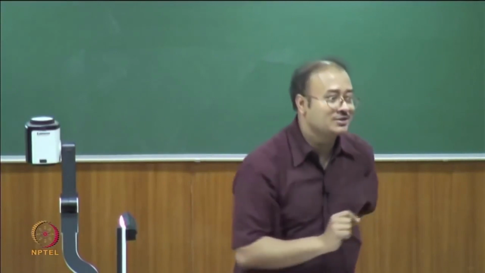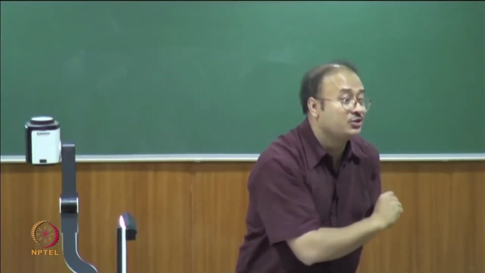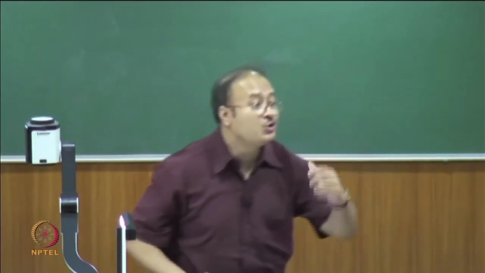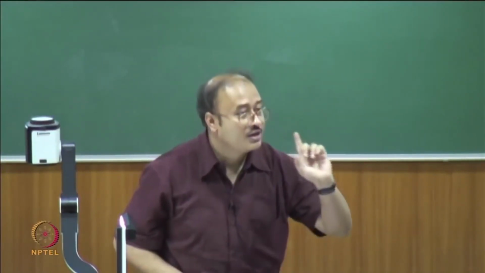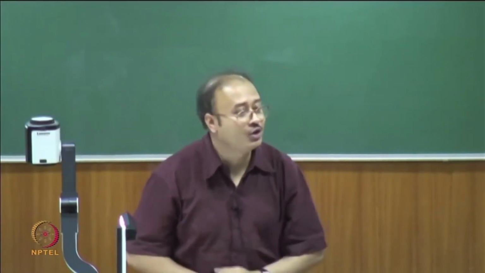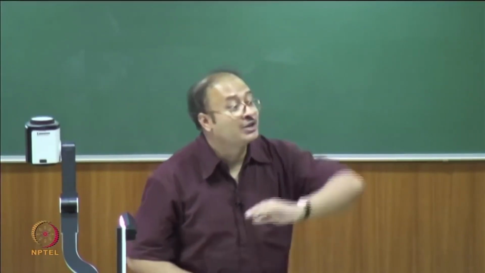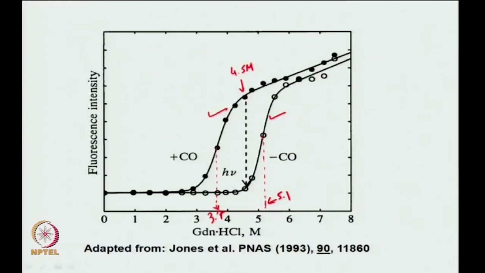So, this is what the flash trigger, or the optical trigger, is going to do. You take cytochrome C with CO at 4.5 molar guanidinium hydrochloride. Under those conditions, based on the first curve, it is already unfolded. Clear? Now, you know that if I remove CO, the protein from the unfolded state would immediately come to the what? The folded state. So, what you do is you shine it with a laser, right.